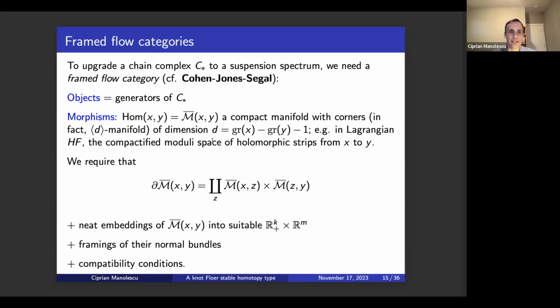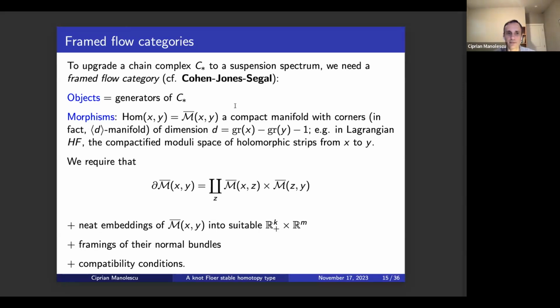The objects of the category are generators of C, and the morphisms are compact manifolds with corners, M bar XY. In fact, there should be some labeling on the boundaries of these manifolds. On the strata, these are called D manifolds. I'm not going to get into the details of the right dimension.